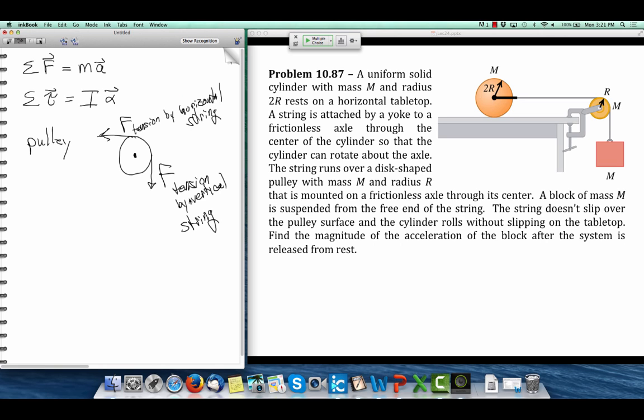This tension is larger so that the sum of the torques, what do you have?